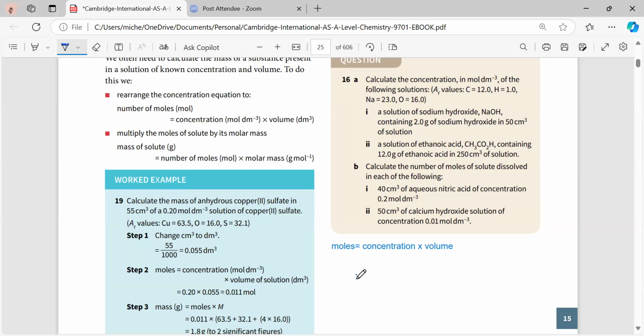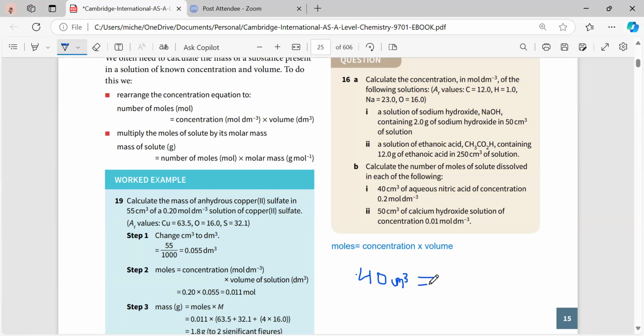Can I actually annotate here? So we have 40 cm³ here.